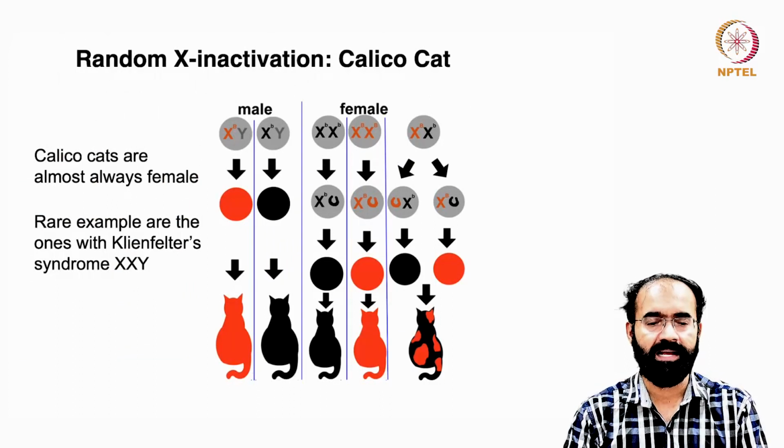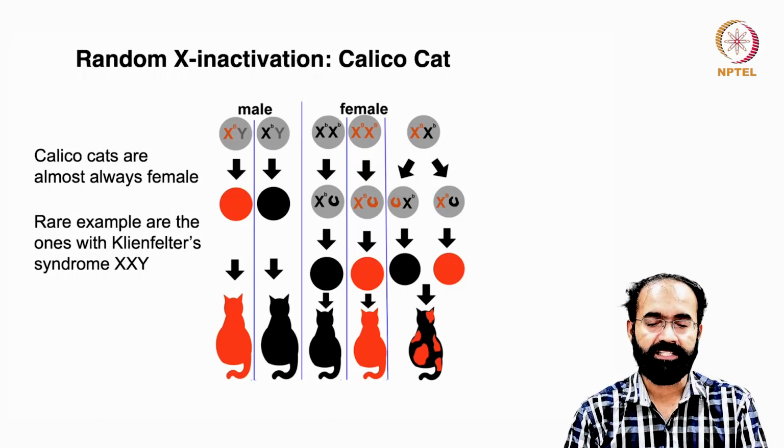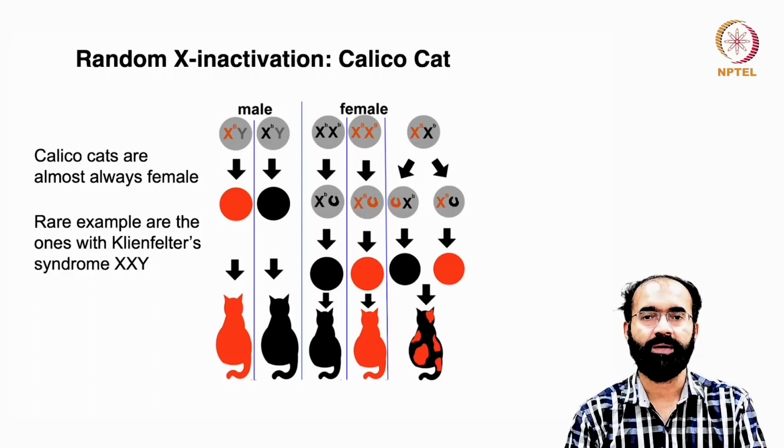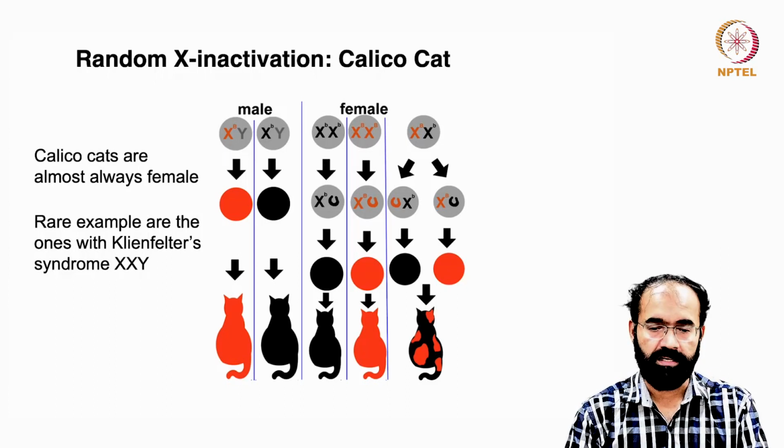So random X inactivation in the Calico cat, how does it work? In males, there is XY and XY. Here you can see XY written in orange, and here XY with the X shown in black. Y is given a common ash color.